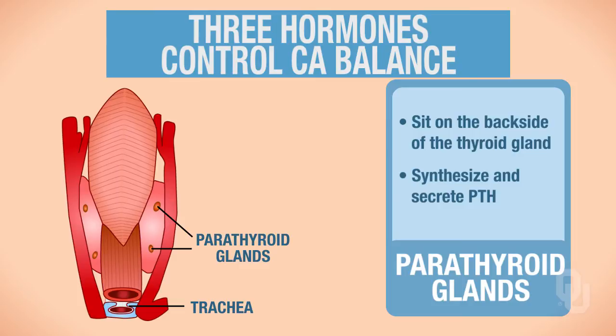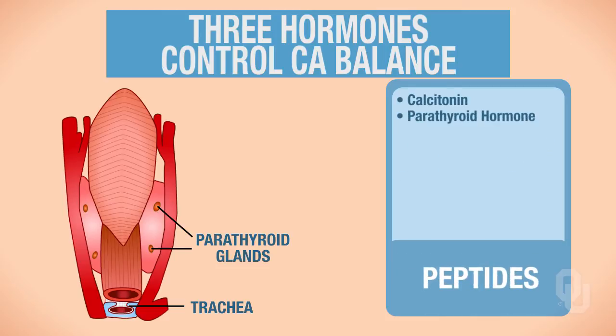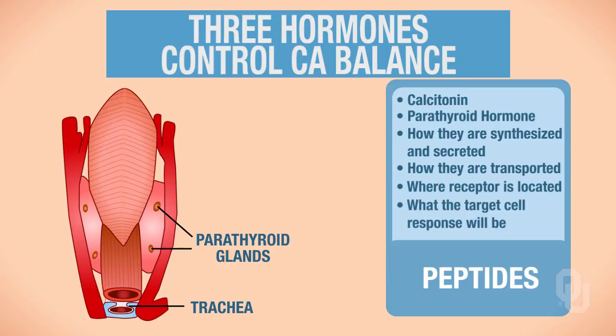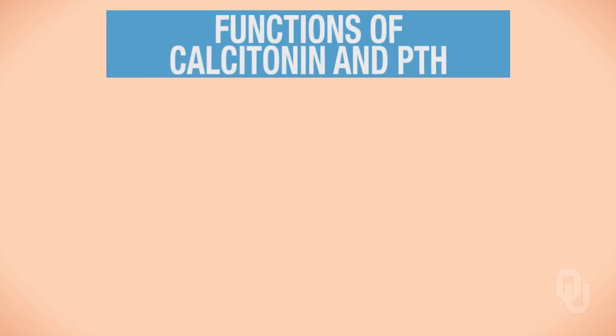And please note that both calcitonin and parathyroid hormone are classified as peptides. And hence, knowing that, you will know how they are synthesized and secreted, how they are transported, where their receptor is located, and what the target cell response will be. So let's look at the specific functions for calcitonin and PTH.